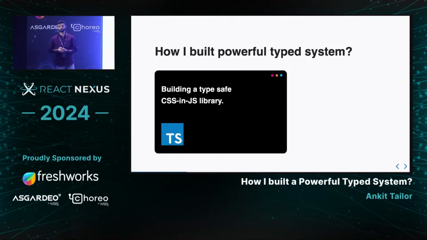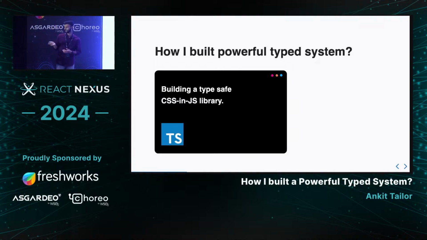If you don't have good TypeScript support, there is a possibility that users might not use your library. And being a CSS-in-JS library, it has a lot of features. It may have variants, themes, aliases, tokens, and the list goes on.